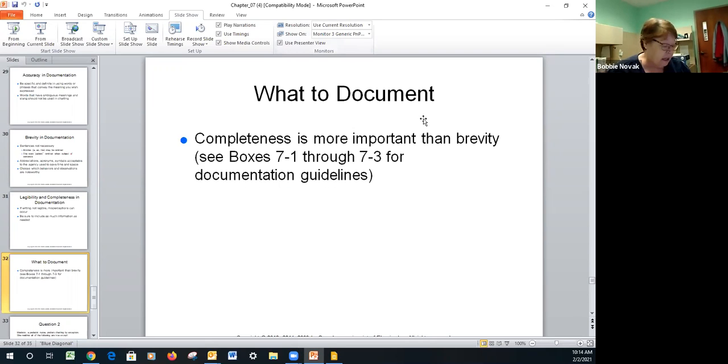So let's look at this critical thinking activity on page 100. Read that scenario, and then let's write a SOAP note about that scenario. So go ahead and read that scenario, and then we will get our SOAP note together.